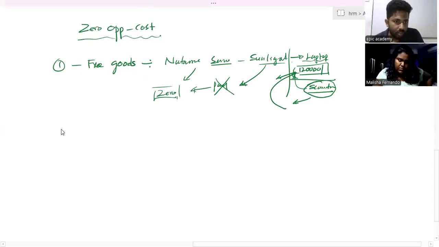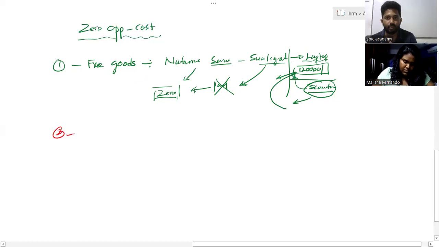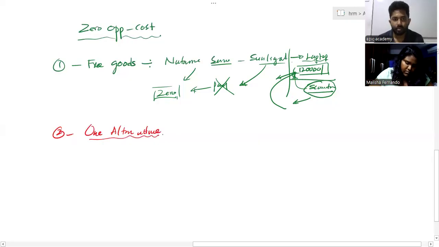Okay. I will go to the second option where opportunity cost becomes 0. The second one is only one alternative. There's no other alternative. I will describe this using myself. I got my education from national universities.